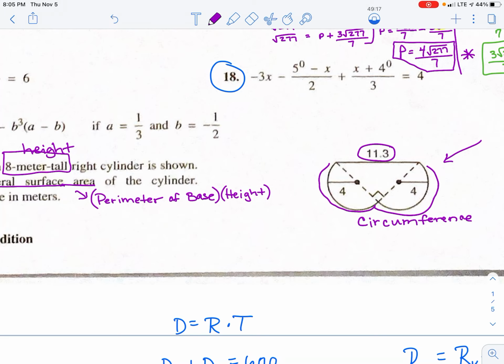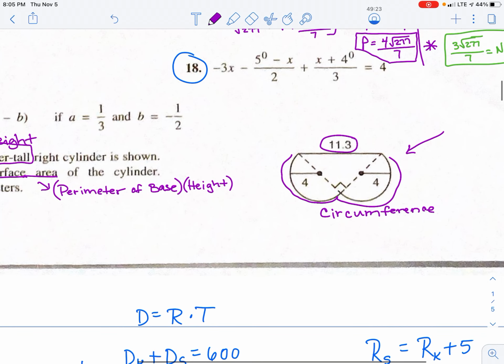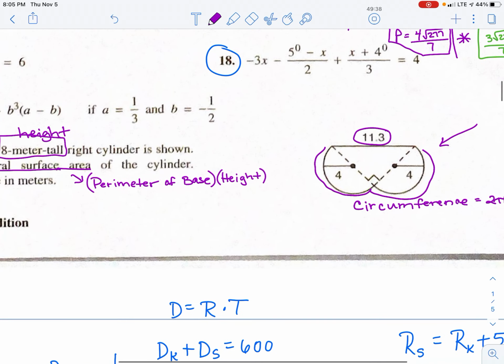So circumference and perimeter are really the same thing when we're referring to a circle. And what was the formula for the circumference? The circumference is 2 pi r, or you might have seen it as pi times diameter. But we'll use 2 pi r on this one since we have the radius given to us.